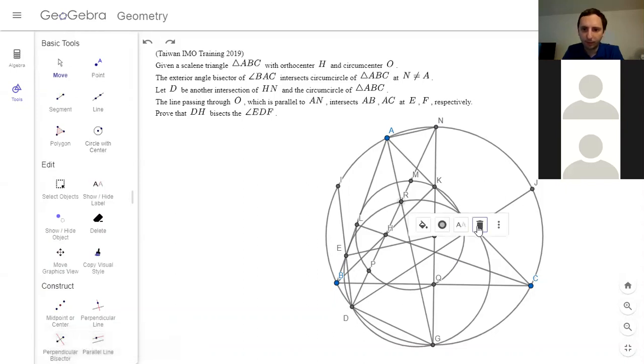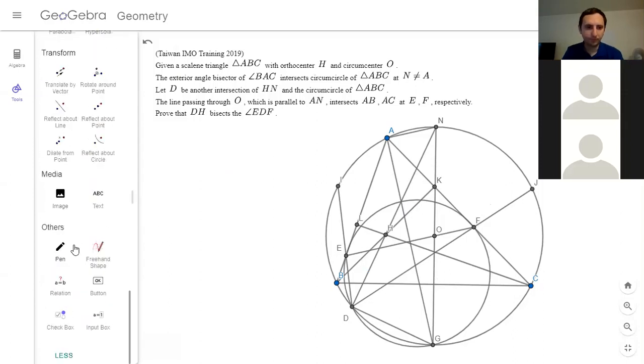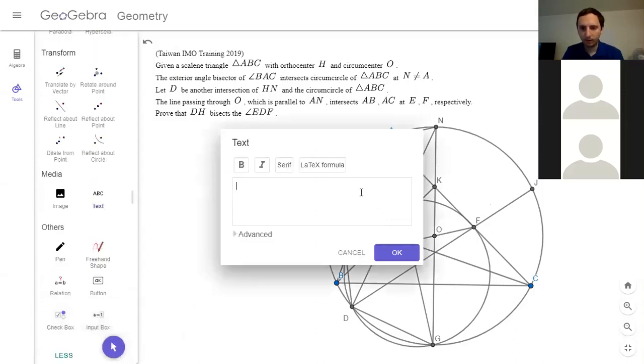Maybe I'll just write this out. Suppose we know EDGF is cyclic.